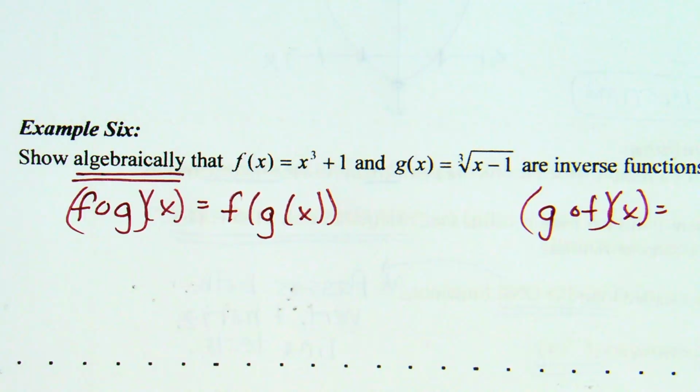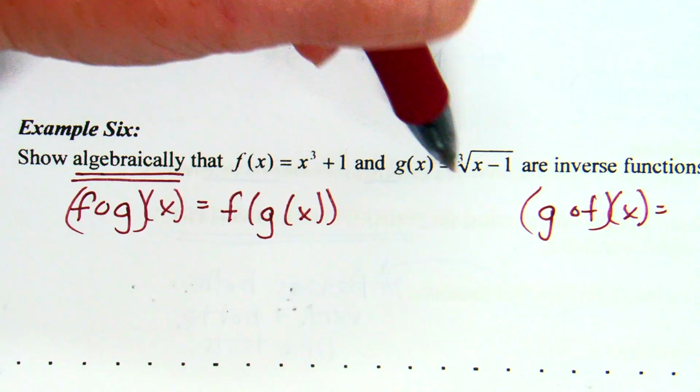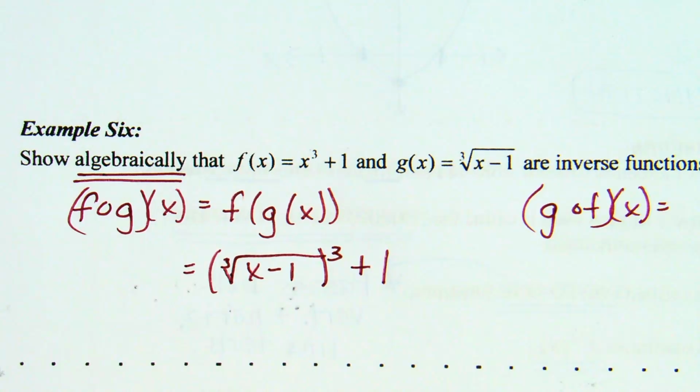So when I put g in it, this x is going to be replaced with the cube root of x minus 1. So the cube root of x minus 1, then that is cubed, plus 1. Does that make sense? It's not multiplication. My x is gone, but I took that g and I put it into f.